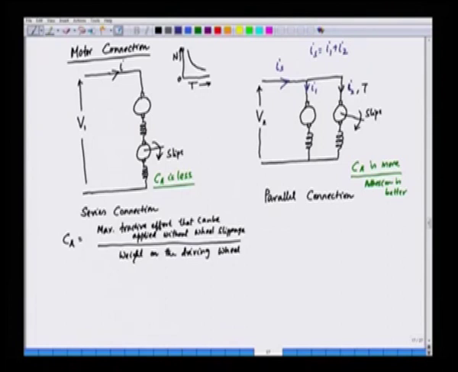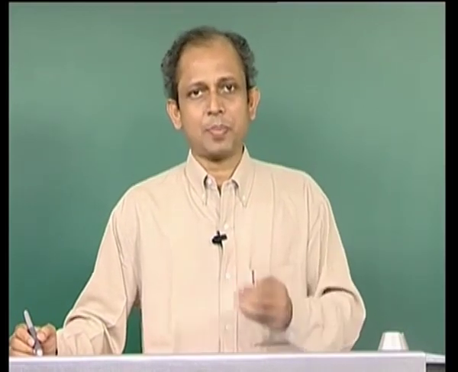On the other hand, in this case, the source current is the same as I, and I is the current flowing in the motor. So, we have the same current. If the motor is rated for 100 amperes, 100 amperes will be drawn from the source. Here we have a reduced current requirement from the source. So, we will have a choice between the two, or we can go for a trade-off.